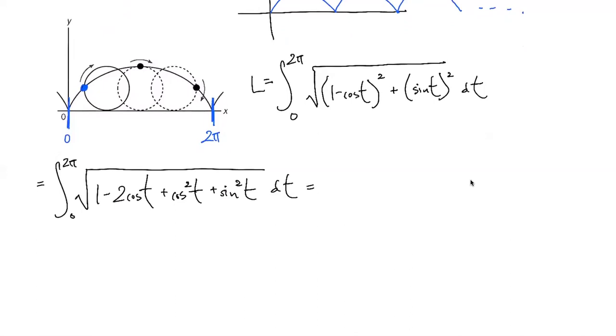And kind of like before, this part goes to 1. So underneath this square root, I really have 2 minus 2 cosine t.